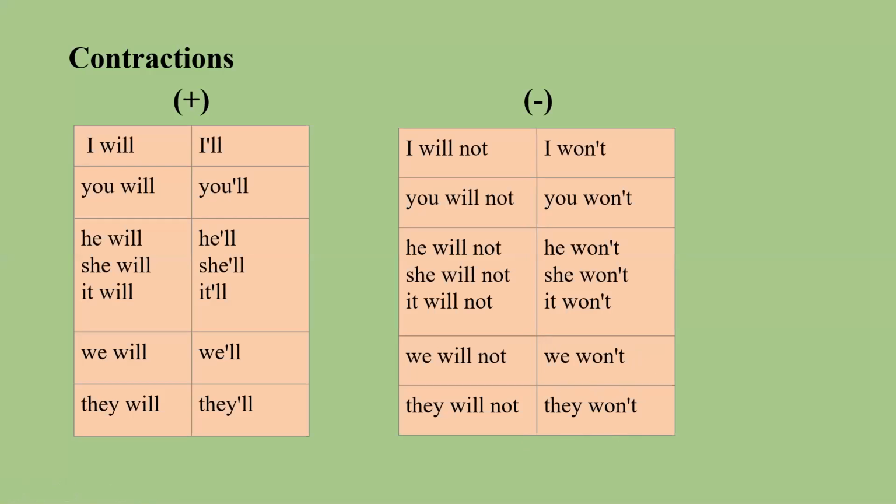Okay, now let's say a sentence using the full form and also contraction. For example, prediction. I will speak French next year. You will speak French next year. It will rain tomorrow. This is a prediction. But if you want to use the contraction, I say, I'll speak French next year.